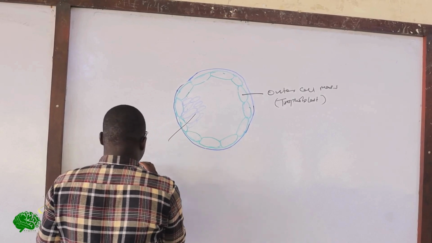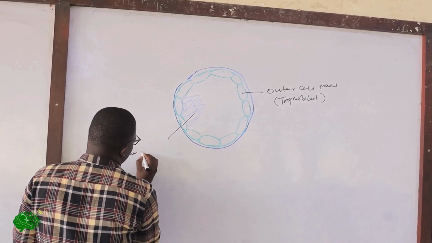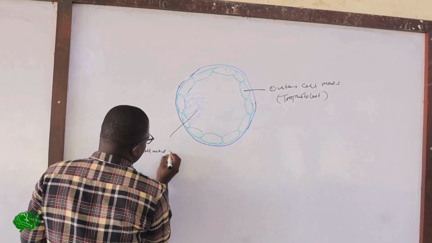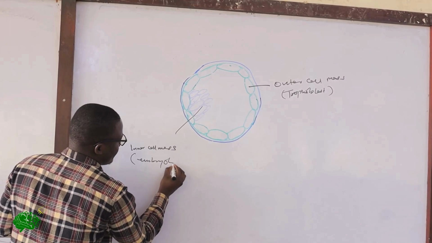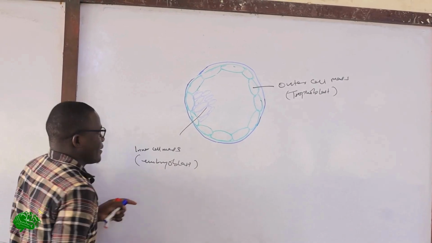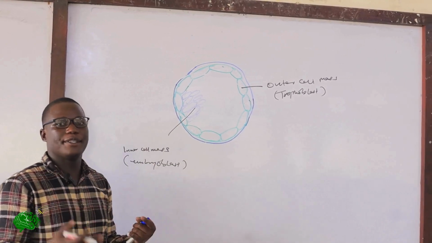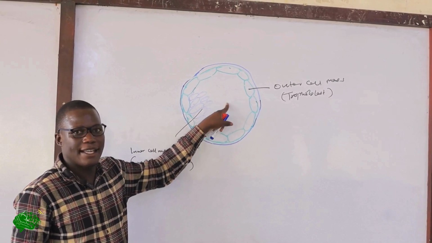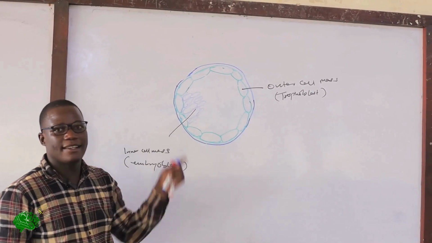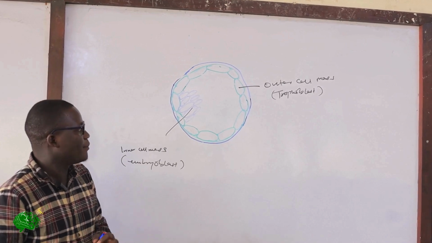This is the inner cell mass that we term the embryoblast. This component will develop into the actual embryo. This space is the blastocele, and the overall structure is termed the blastocyst.